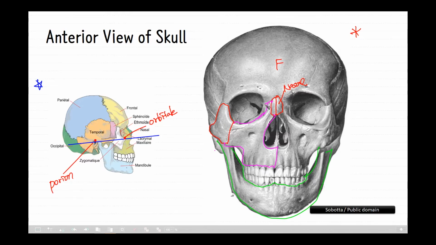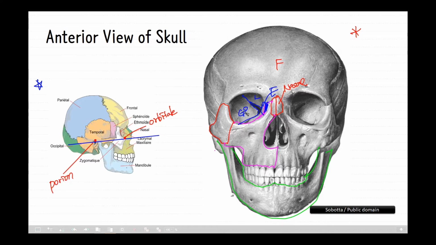The lacrimal and ethmoid and sphenoid, lesser wing and greater wing, and around this there is a small portion of the palatine bone. These bones can be seen, at least their portion, in the anterior view.